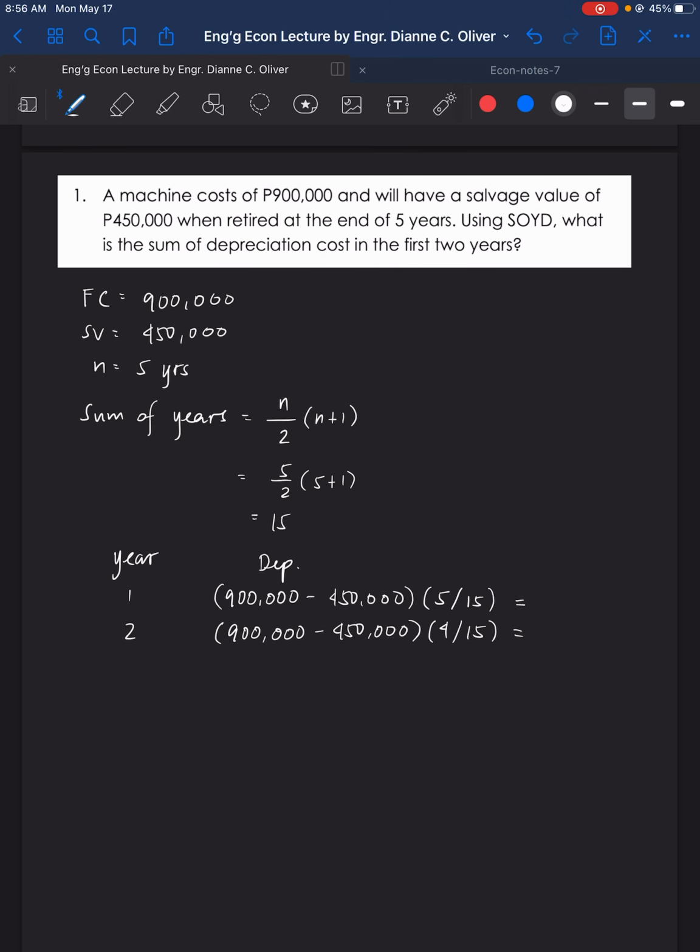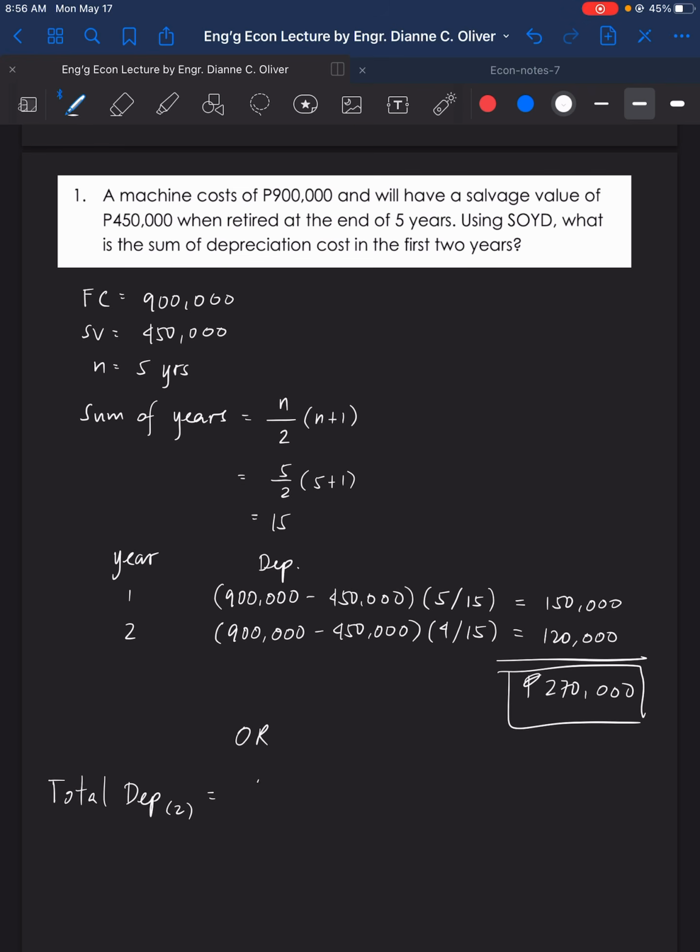So this is 150,000 pesos and this is 120,000 pesos. So all in all, that is 270,000 pesos. This is the answer. It's asking for the sum of depreciation cost in the first 2 years. Now how about if we are not using the table? We can have the solution for the total depreciation in 2 years.